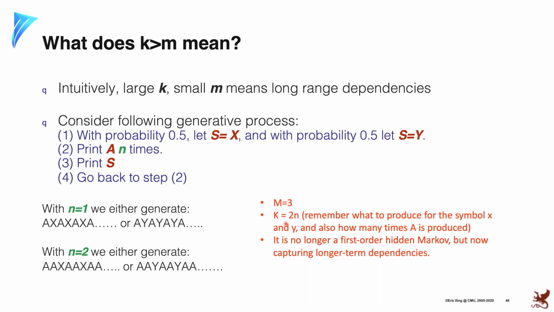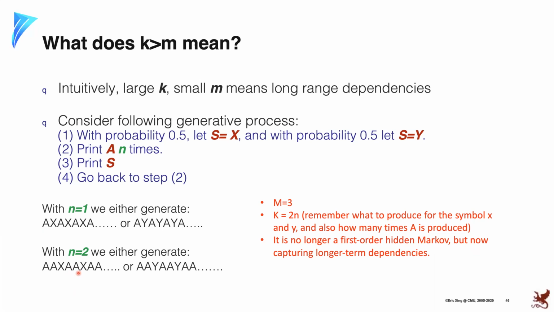Because we will no longer only remember the current value of this observed variable, but we also need to remember what to produce for the symbol x and y, and also how many times a is produced. For example, if we look at this a and this a, their hidden states are different, because standing at this a, the hidden variable may tell you that we have only printed a 1 time.